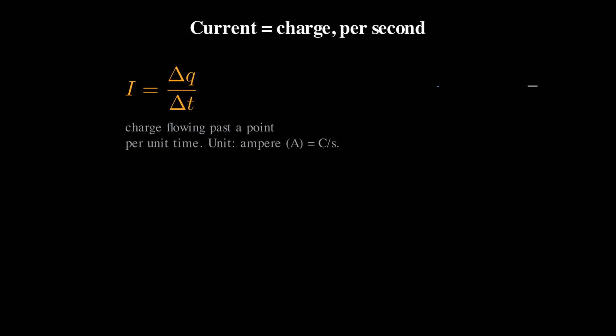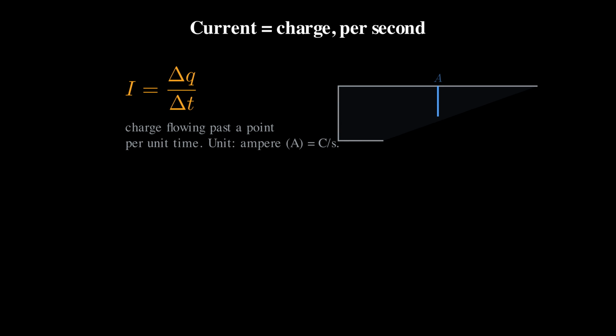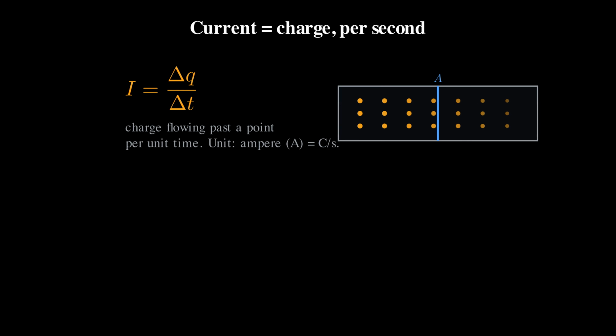But we can go deeper and count the carriers themselves. Imagine a slice through a wire of cross-sectional area A. The current depends on four things. n, how many free carriers there are in each cubic meter. A, the area of the slice. v, the drift speed at which they crawl along.